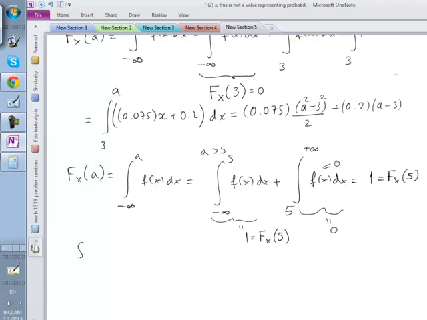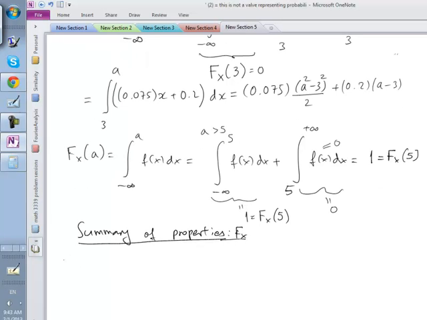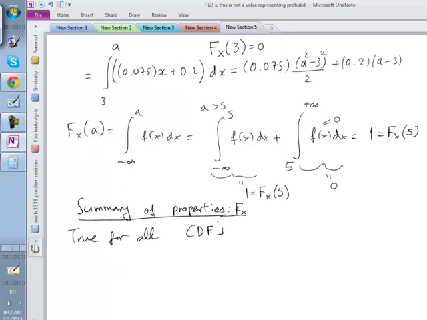Here is a summary of the properties of the CDF. We don't need all of those properties, so I will summarize the main ones. That's true for all CDFs, and it's valid also for CDFs of discrete random variables.